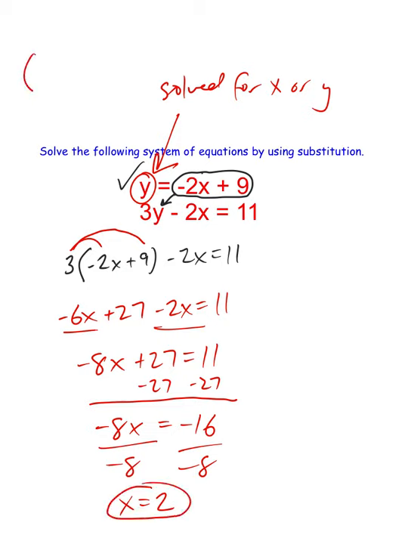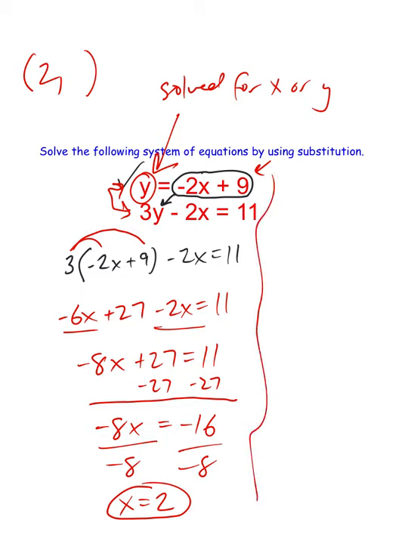So our answer is going to be 2 something. We just don't know what that something is yet. So now we've got to take that 2 and put it back into either of our equations. Well, it makes sense to probably put it into the top equation because that one's already solved for y, so we can just substitute it in for x and not have to manipulate the equation at all by adding an x to both sides or subtracting a y from both sides or anything like that.